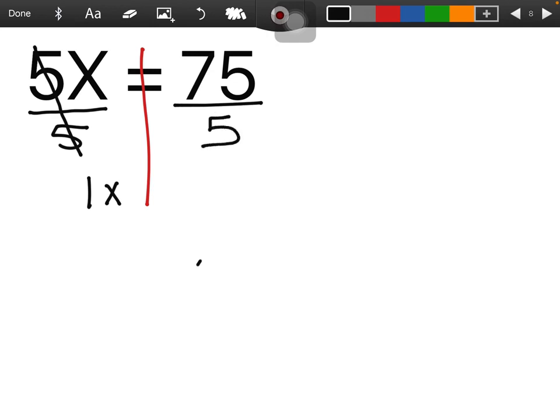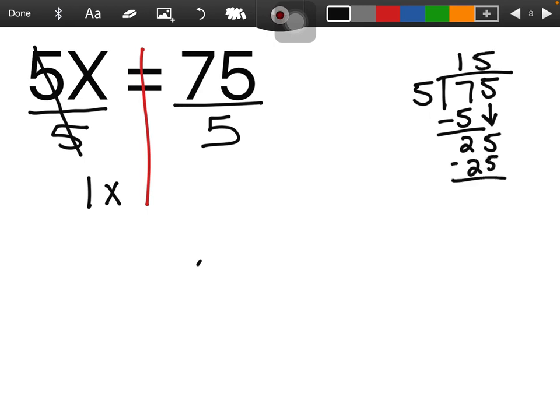Well, if I can't do that in my head, I'm just going to come over here to the side and write it out. And I know 5 goes into 7 once. 5, subtract that out, get 2, drop my 5. 5 goes into 25 5 times, evenly with no remainder. So my 1x must be equal to 15.